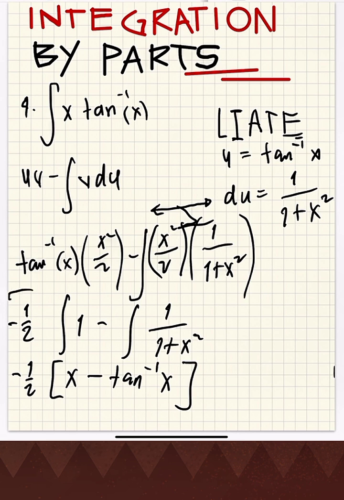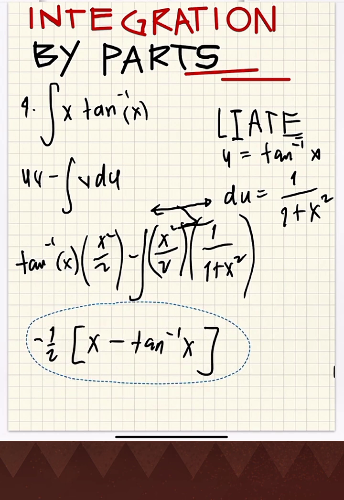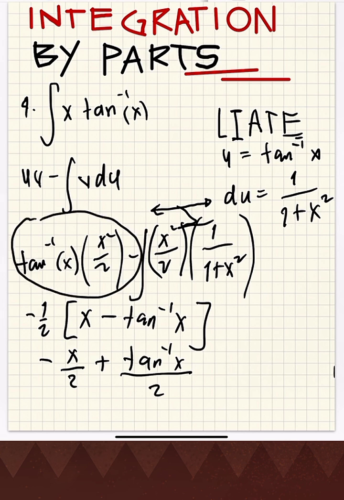So let's remove this. So negative 1/2 times x is negative x over 2, minus negative 1/2 multiplied by arctangent, so this becomes positive arctangent x over 2. So let's merge this with this one.